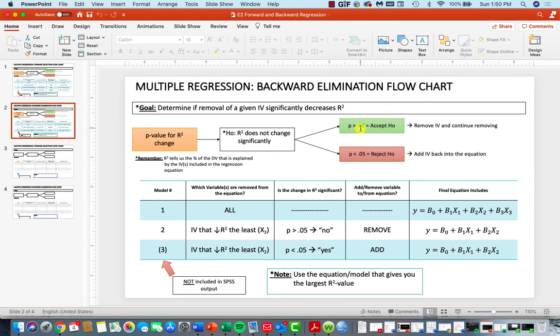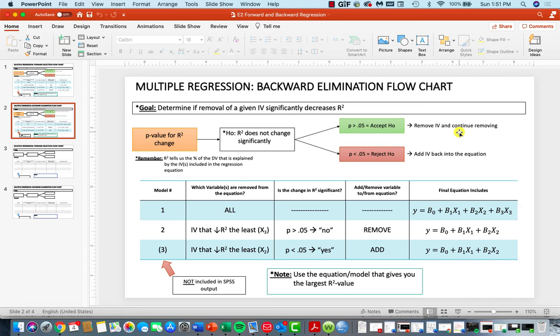So if we're looking at the significance column in the R squared change area of our model summary table, if that p-value is greater than 0.05, that means when we removed a given variable, it didn't really change the R squared value significantly, so we can probably keep that independent variable in and then continue removing variables. Okay, so this is kind of weeding out variables that aren't that important.